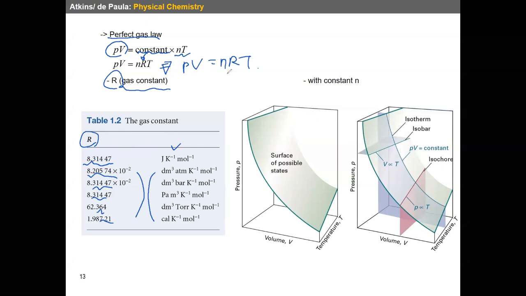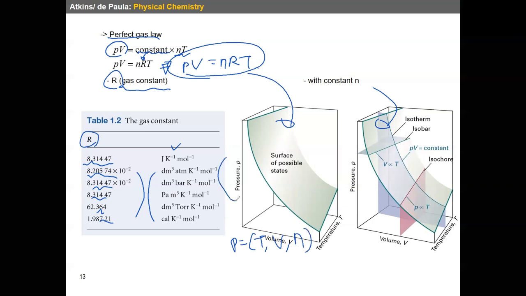When we make a graph for this PV = nRT, we will have this kind of 3D structure graph. There is a relation between pressure, volume, and temperature. What this means is that all these perfect gases are a function of temperature, volume, and number of molecules.